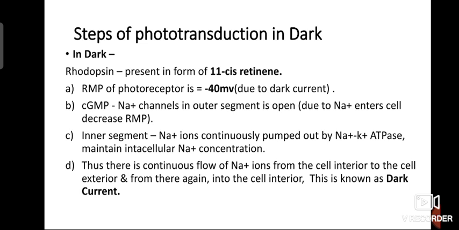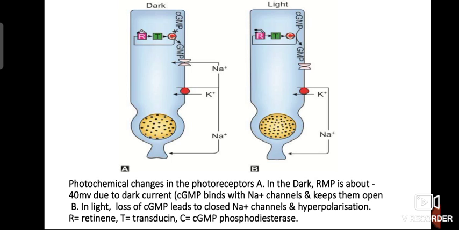Thus there is continuous flow of sodium ions from the cell interior to the cell exterior, and from there again into the cell interior. This is known as dark current. As we see in diagram A, in the dark the cGMP dependent sodium channels are open. So sodium enters inside the outer segment of the photoreceptor, moving from higher concentration to lower.